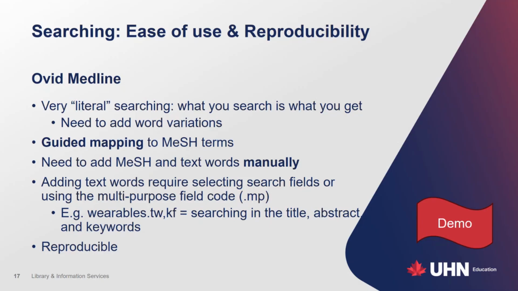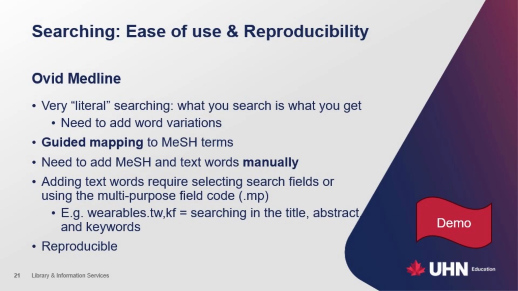For example, .tw,kf is often used if you want to search the title, abstract, and keywords. Or you can just use the multi-purpose field code .mp, which searches that and a bunch of fields that are likely relevant to you. Because the database is not translating your query for you and not really doing anything in the back end, your search will be reproducible at a later time.